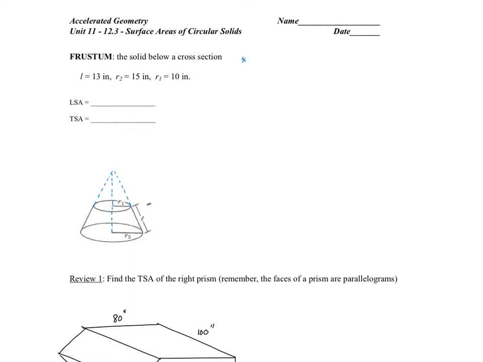So we're going to think of this frustum as a big cone minus a small cone, where we're going to use similar triangles to find the dimensions that we need.